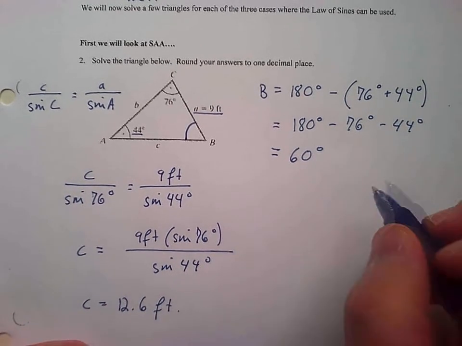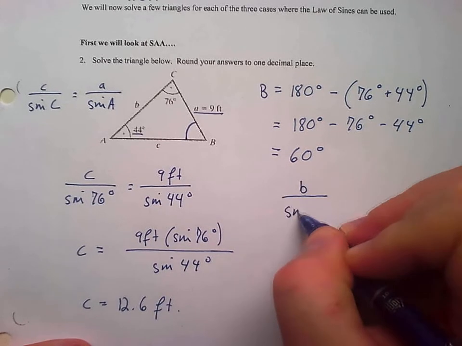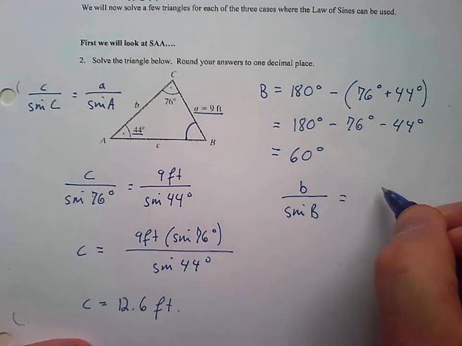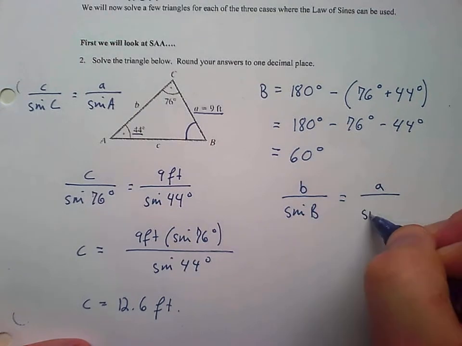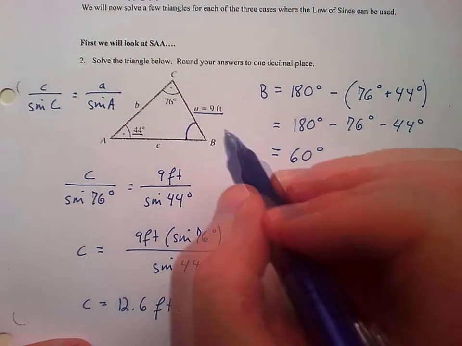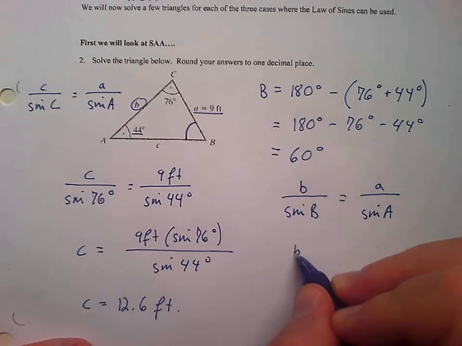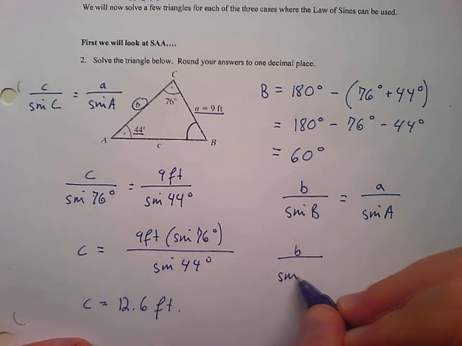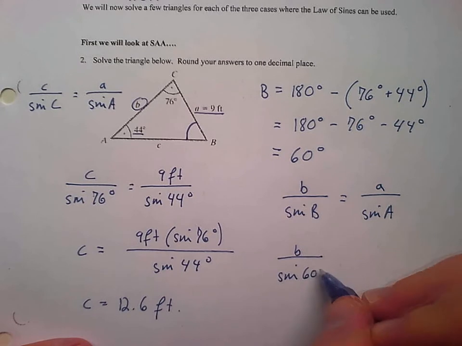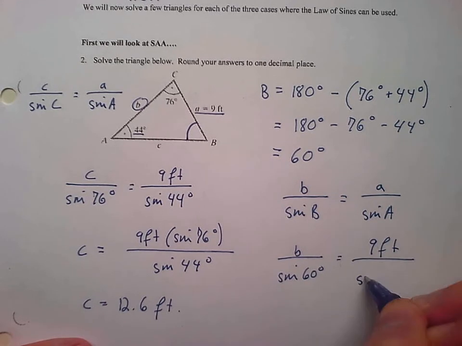Now, similar to what we had before, we can see that B over the sine of angle B is equal to A over the sine of angle A. So now we're going to try to solve for little b over here, where angle B is equal to 60 degrees, and A is equal to 9 feet.